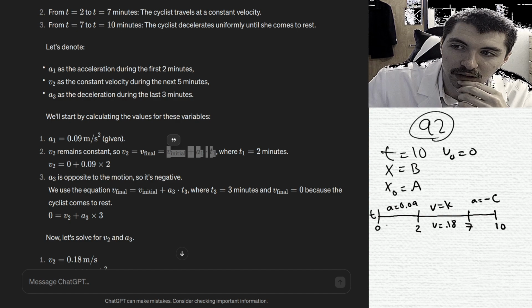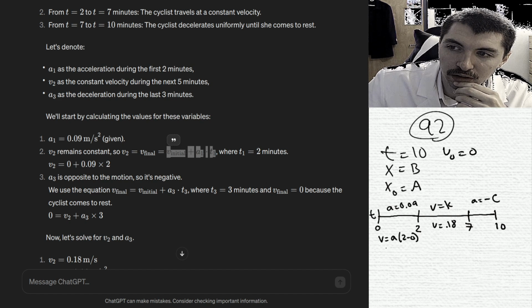Okay, so this is going to be V is A times 2 minus 0, so V is 0.18.